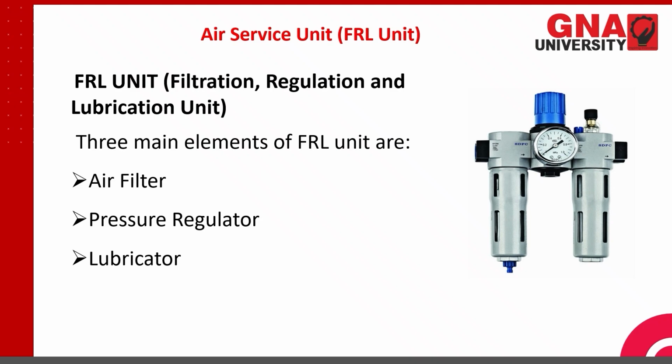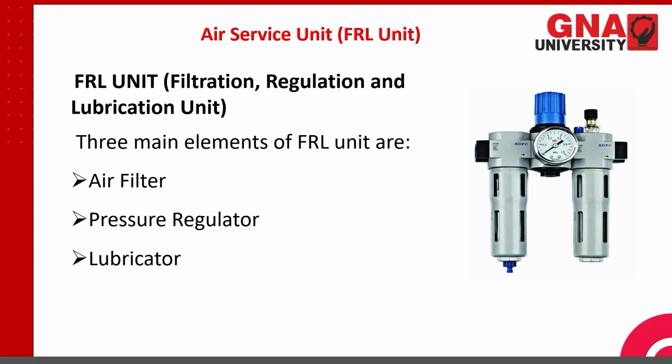Now you see, this is the figure of a commercially available FRL unit or air service unit. See this first part, this is the filter. This is the drain, which can also be used to separate out the moisture if some moisture is condensed at the bottom. At the center you have the regulator.